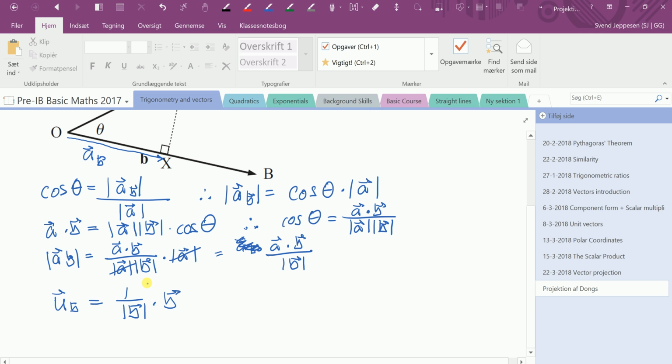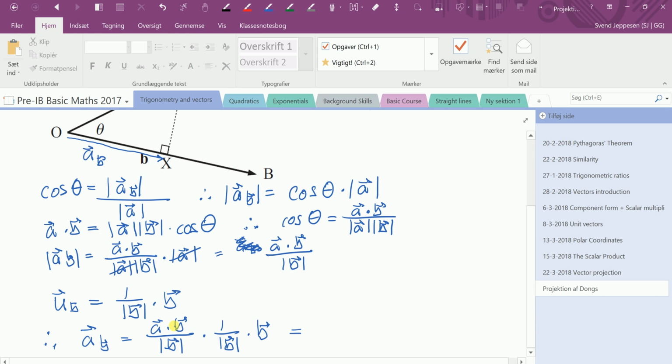So therefore we can now simply multiply the scalar to this unit vector. So therefore we get that the projection vector is, well, the scalar here times the unit vector, and the unit vector in that form here is 1 over the magnitude of B times B. And if we simplify this, we get, well, you can see we multiply these two fractions here.